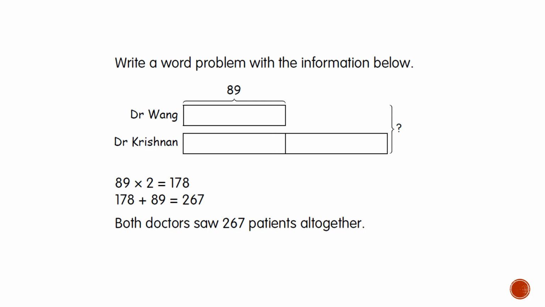Now, this is an interesting situation where they give you the answer and ask you to come up with a question. But let's look at this question and see what information needs to be written down in the question. Firstly, this is a comparison model.